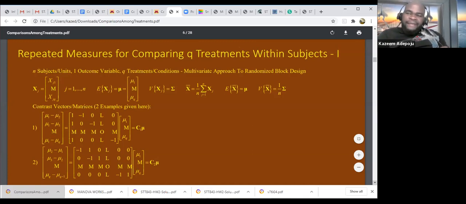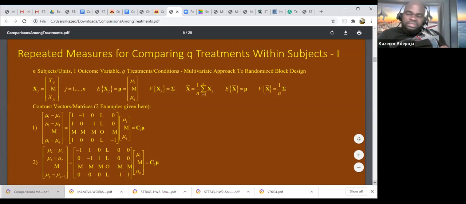It's more or less like a two-way analysis of variance, because I'm going to be testing the effect of treatment, and I'm also going to be testing for the effect of block.